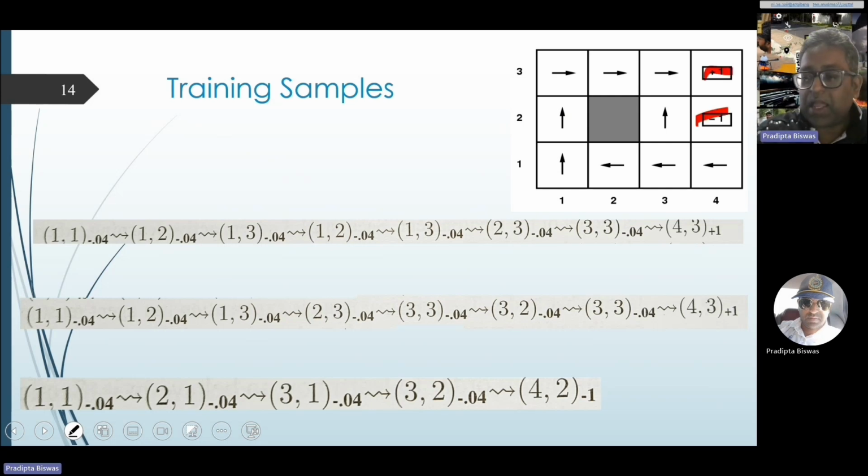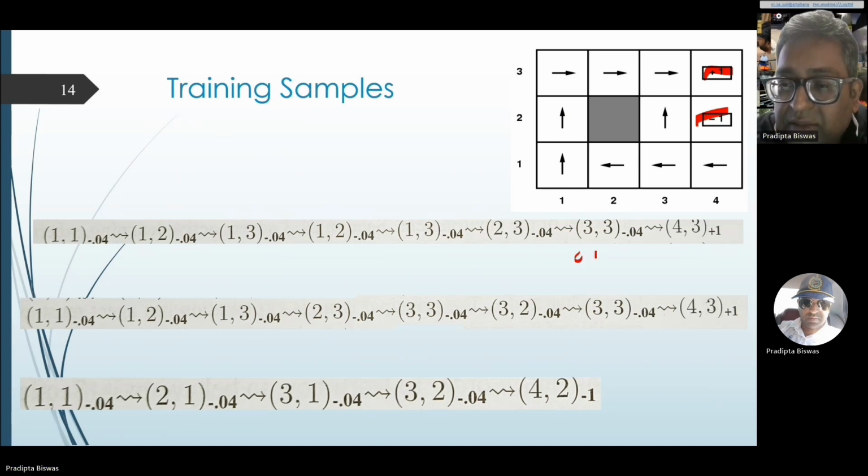Okay. Now let us see what I can do. We are getting this +1 here. So I can write that I am getting 0.96 here, 1 minus 0.04, so I am just not writing the 0 here.